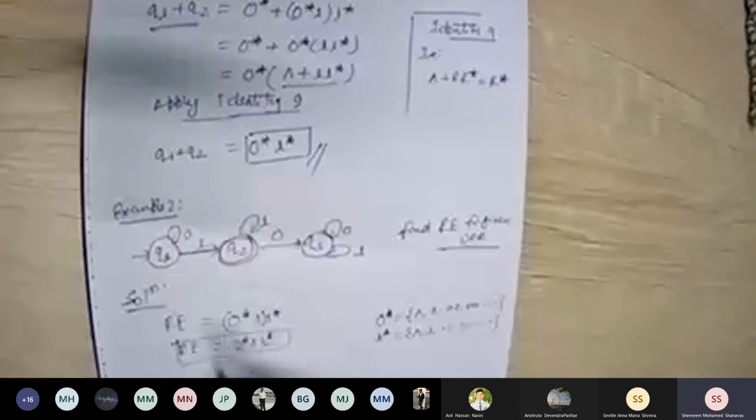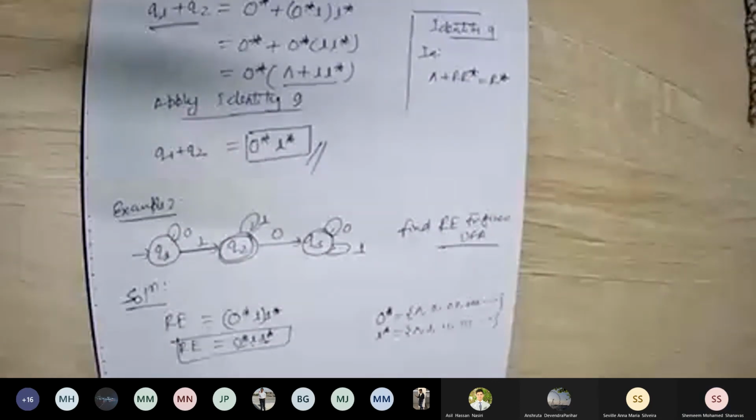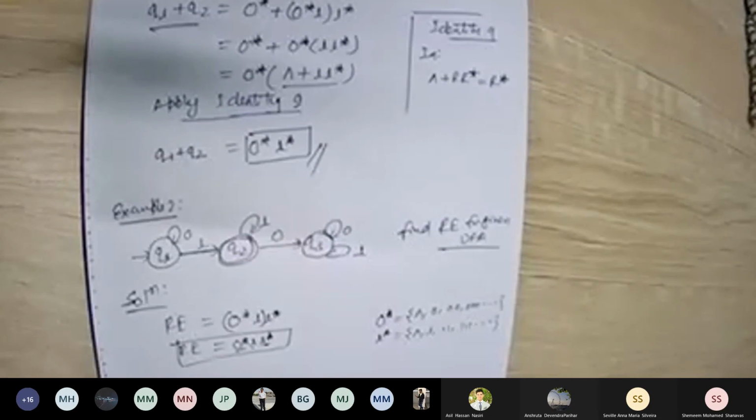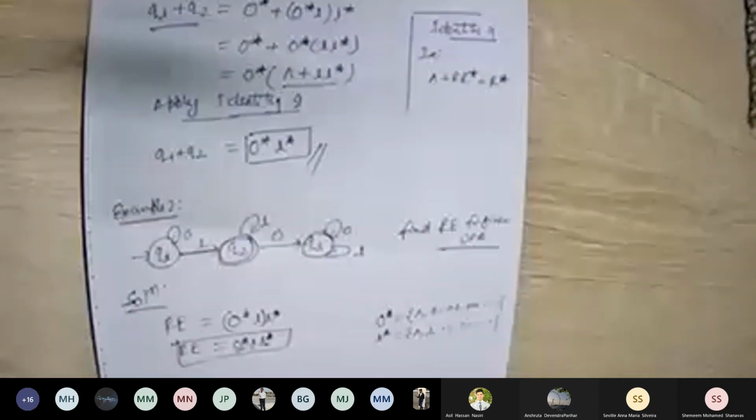So if a question is given to you, make the DFA for the regular expression with all the zeros and ones, with at least a single one.